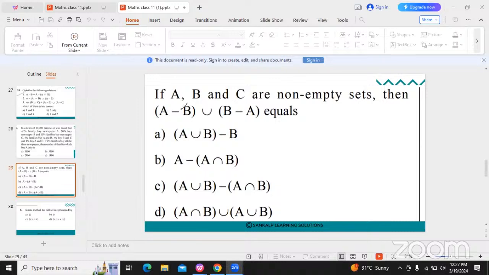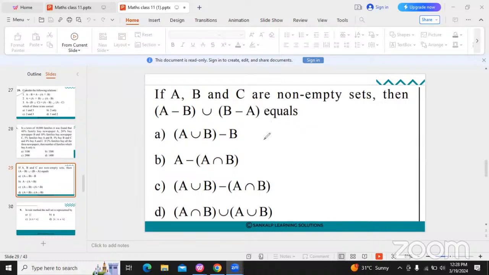If A, B, and C are non-empty sets, then A minus B union B minus A. You can clearly see here, A minus B union B minus A. So let me try to solve this. Only two students have given the answer. Yes, D, some have given. So let me see. Okay, yes, it is A, B, C.